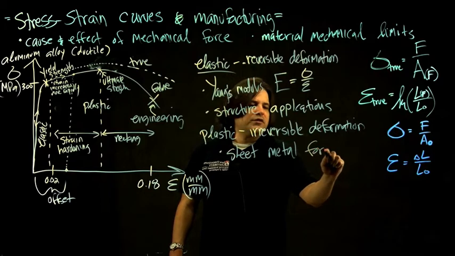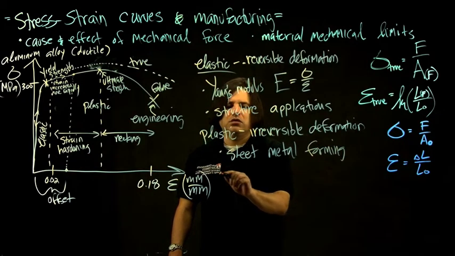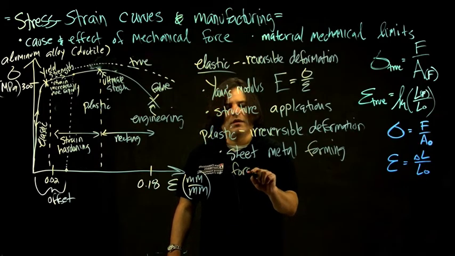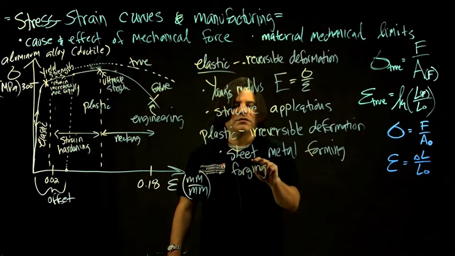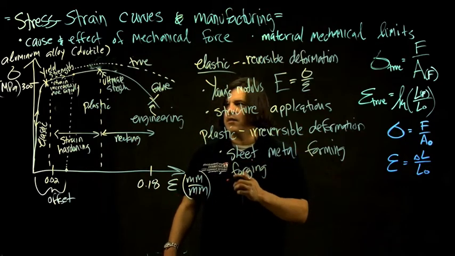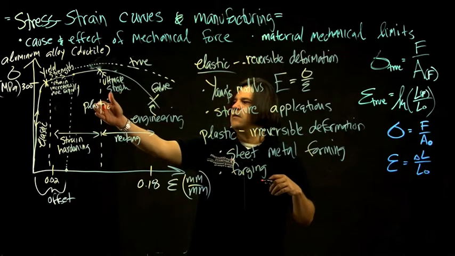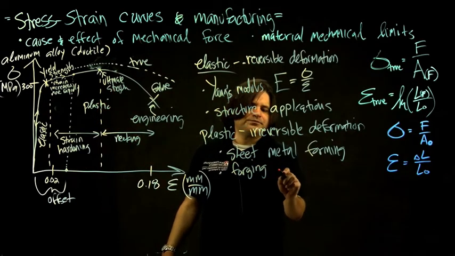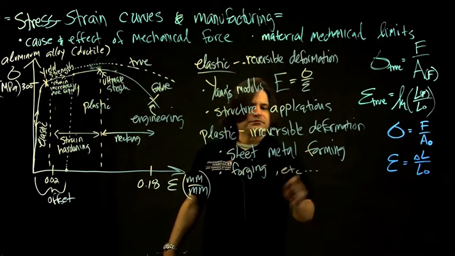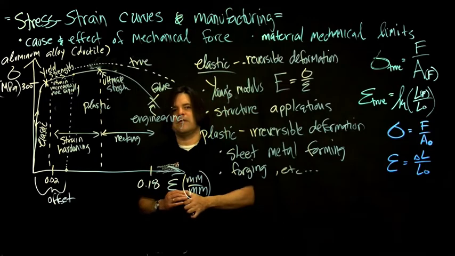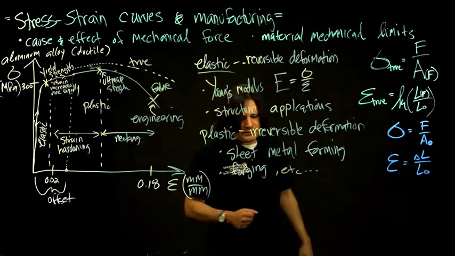So if you want to form your sheet metal, or if you want to forge, if you want to stamp with a lot of pressure some slab or some piece just by applying this normal stress onto it, you want to make sure it's enough normal stress that'll keep you in the plastic deformation. And there's other manufacturing forming processes we can think of, like thermoforming.